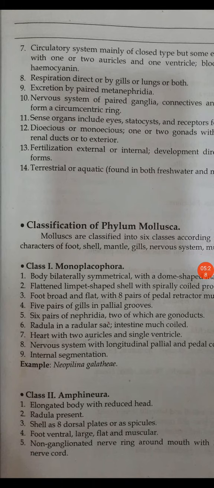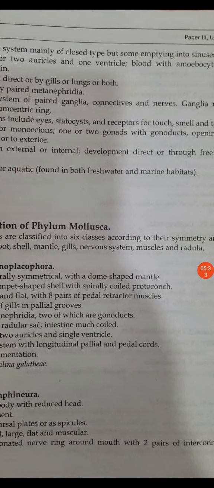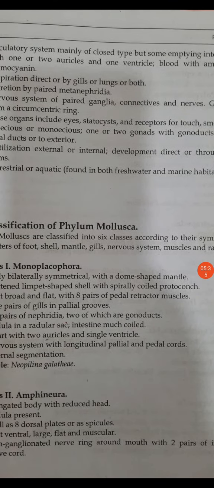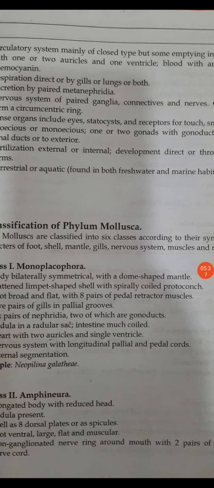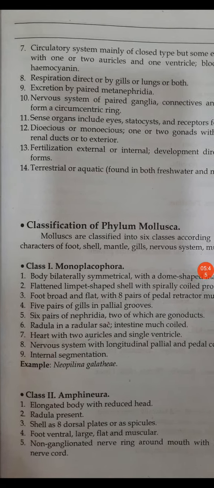Fertilization is external or internal. Development is direct or through free larval forms. So direct development is also there in some animals, and larval forms also appear in this group. They are terrestrial or aquatic, found in both freshwater and marine habitats.